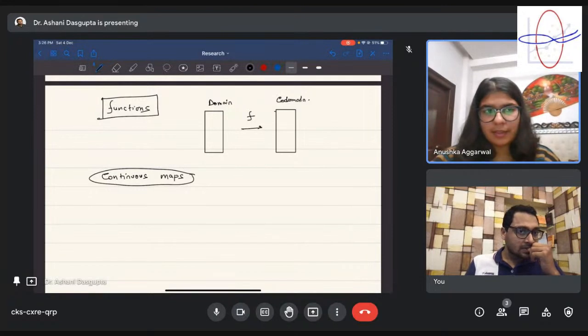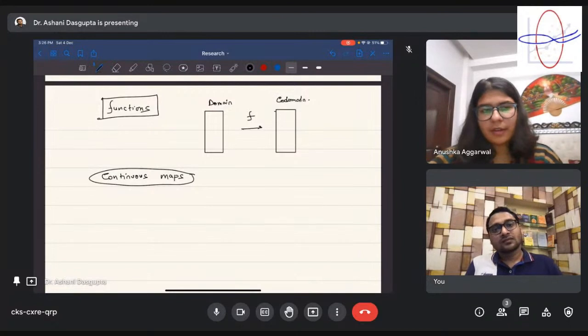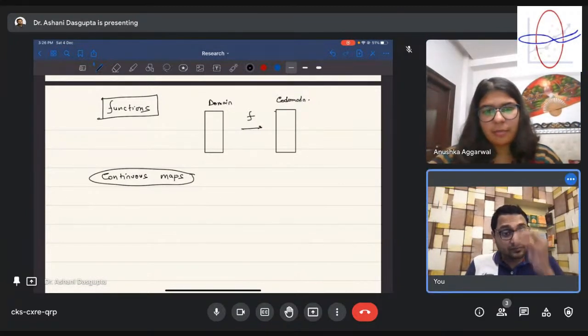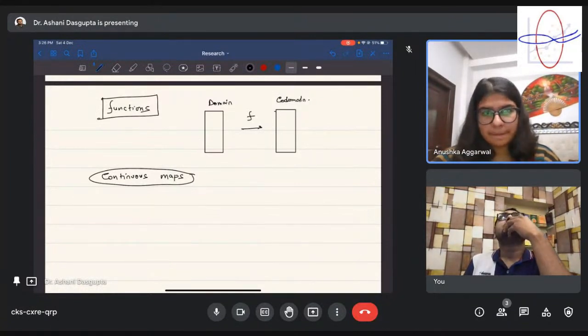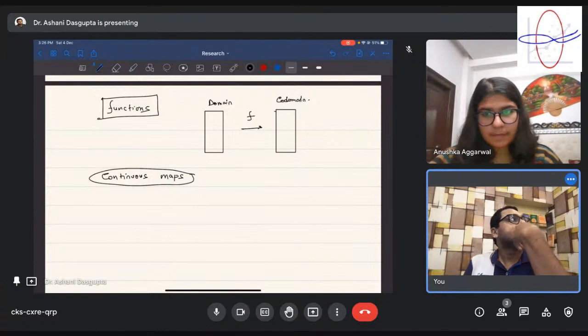Okay, so we can take that as, so this is maybe a point function. Hmm.